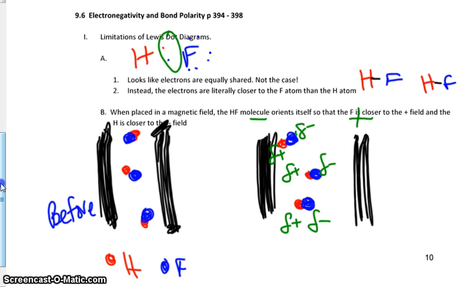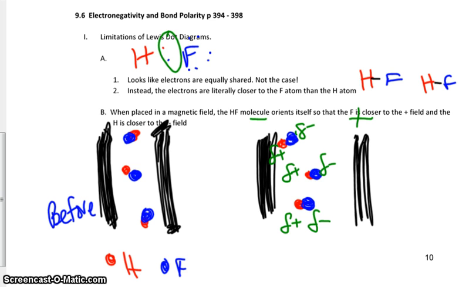A polar bond, in this case, is where we have an unequal sharing of electrons. It looks like the electrons are equally shared, but that's not the case. For the reasons I said, the fluorine has a much higher electron affinity, so the electrons are literally closer to the fluorine atom than the hydrogen atom.